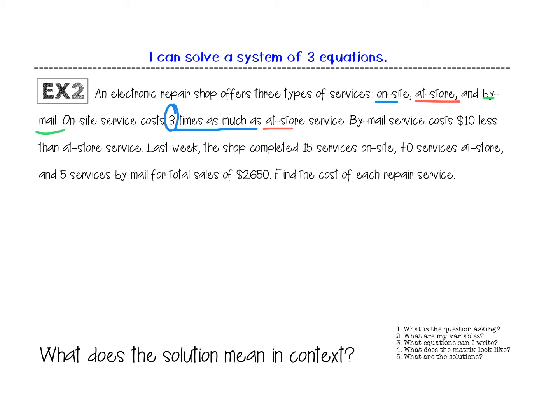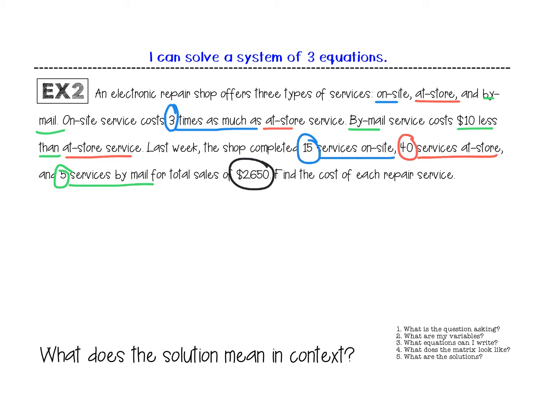The by mail service costs $10 less than the at-store service. Last week the shop completed 15 services on-site, 40 services at-store, and 5 services by mail, for a total of $2,650.